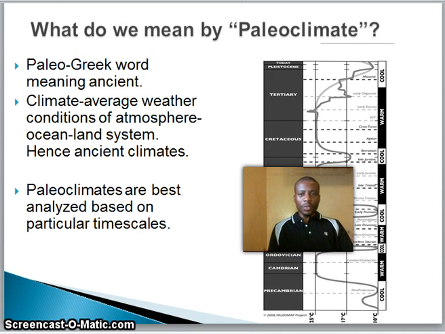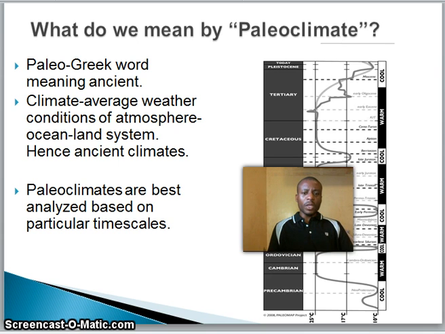So what do we mean by paleoclimates? Now, paleo is a Greek word meaning ancient, and climate, of course, looks at the average weather conditions of the atmosphere-ocean-land system. So in essence, paleoclimate means looking at the past Earth climates.